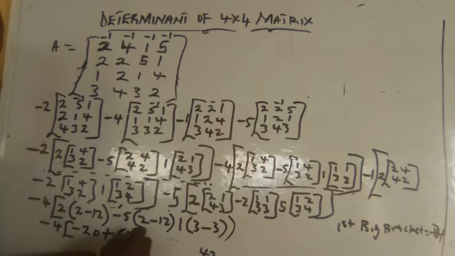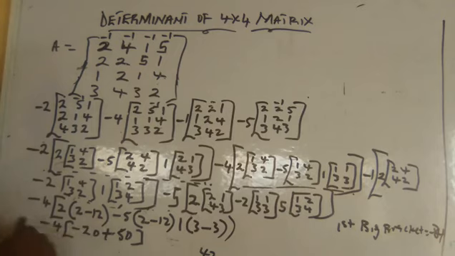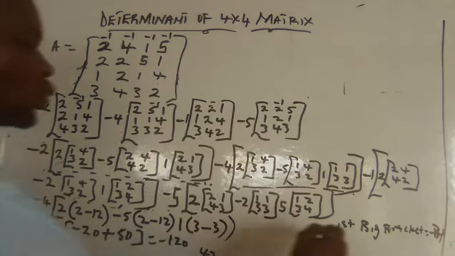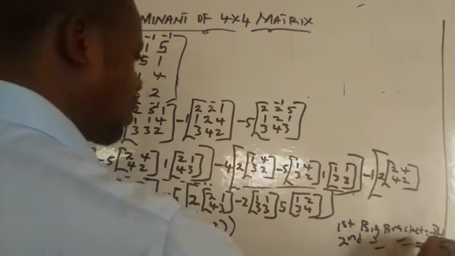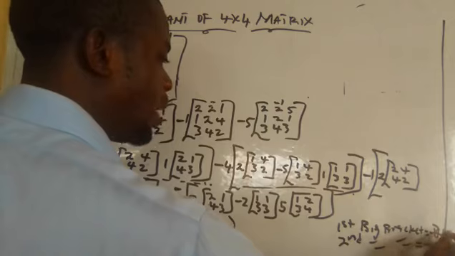Then 3 minus 3 is 0, 0 times 3 is 0, you don't need to put that one there. So your answer will become minus 20 plus 50, that will be 30. 30 times minus 4, that will be minus 120. So the second big bracket will be minus 120.